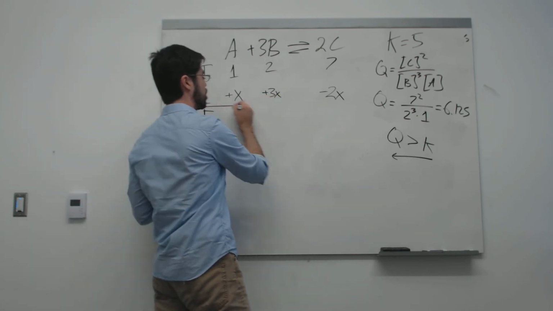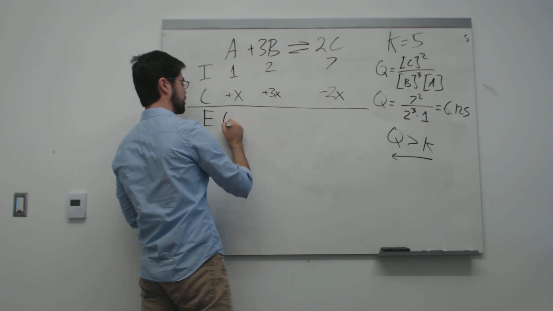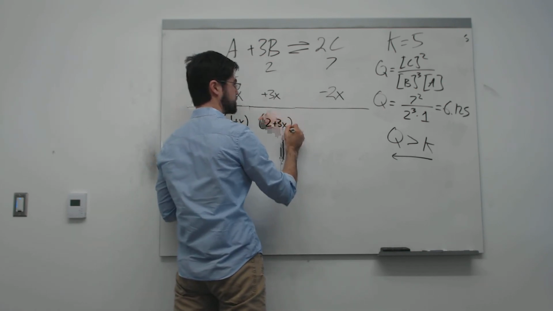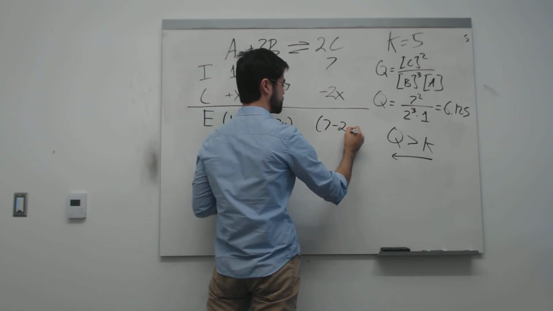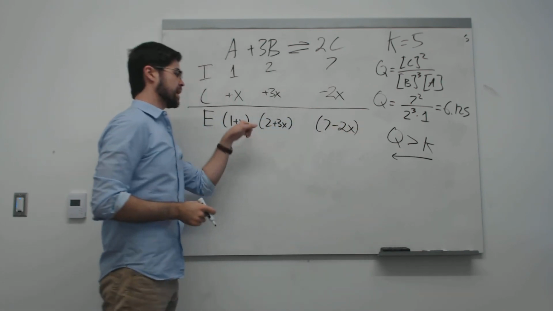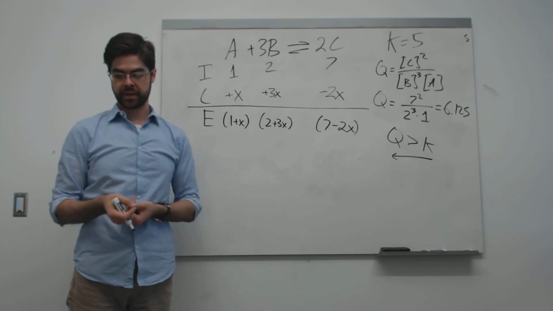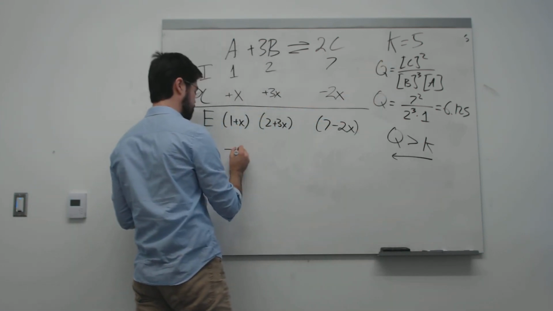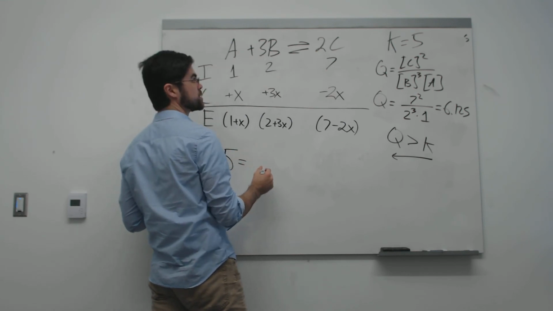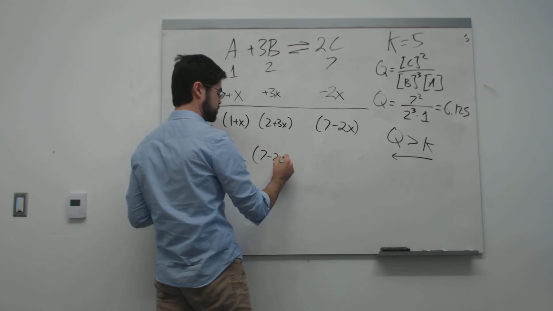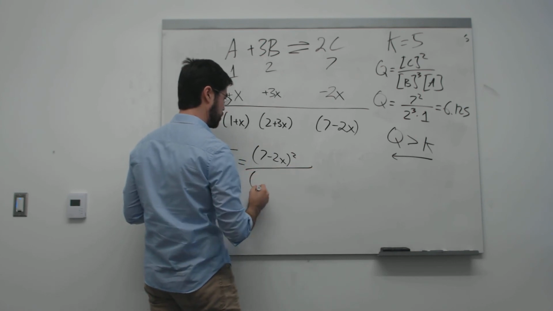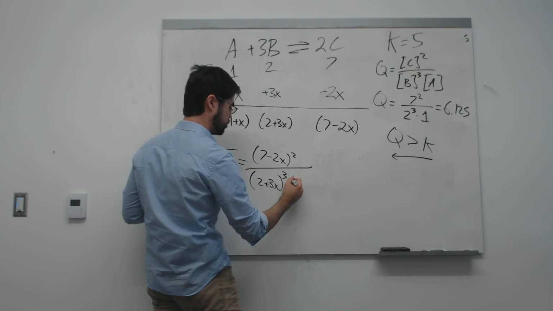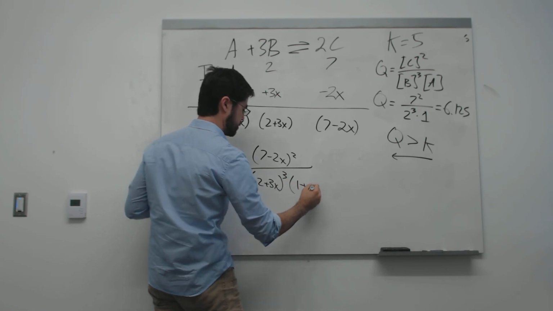Then I can add all of these columns together, and I get 1 plus X, 2 plus 3X, 7 minus 2X, and these will be my equilibrium concentrations. And those I would plug into the law of mass action and solve for X. So I would have (7 minus 2X) squared over (2 plus 3X) cubed times (1 plus X).